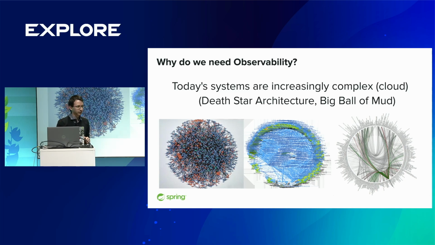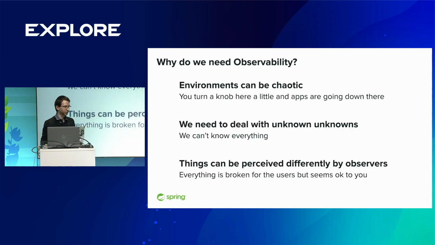Also, because of the law of big numbers, on this scale, something is always broken. And these environments are also very, very chaotic. That means that you turn a knob here a little and applications are going down in another region. Somebody runs a bash script in S3 and your Roomba will not work. But that actually happened, that's a real thing.